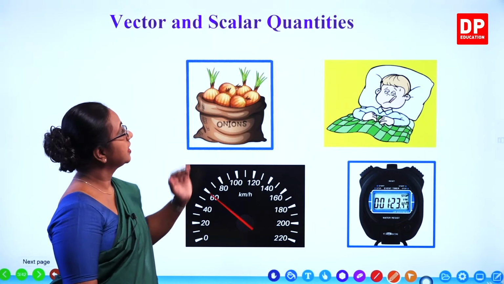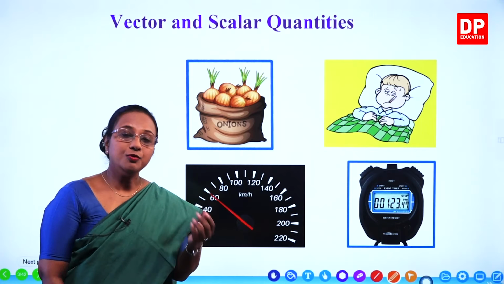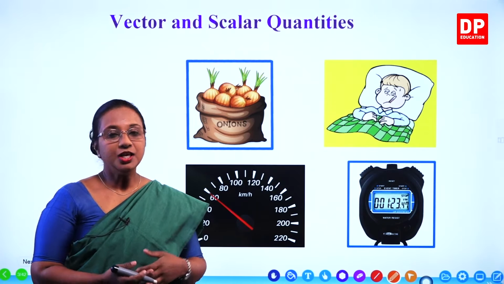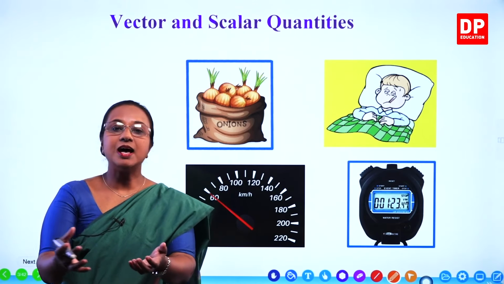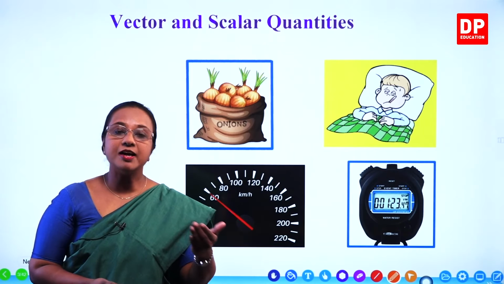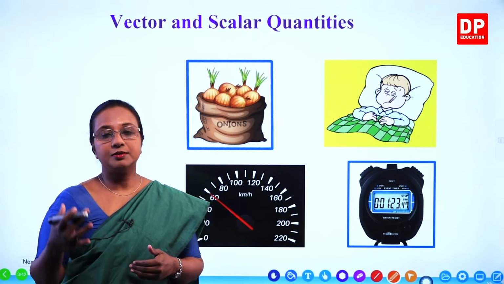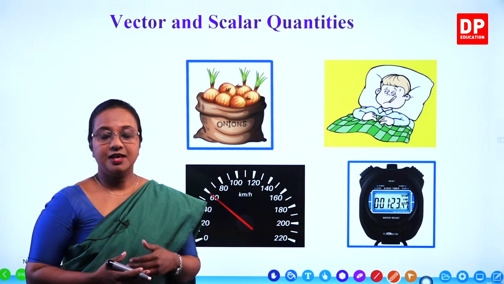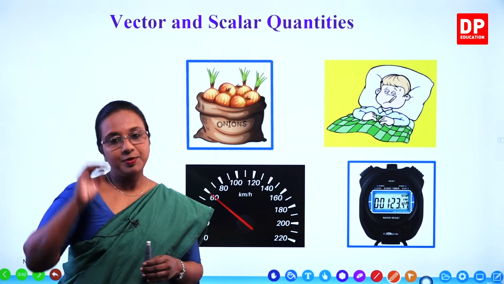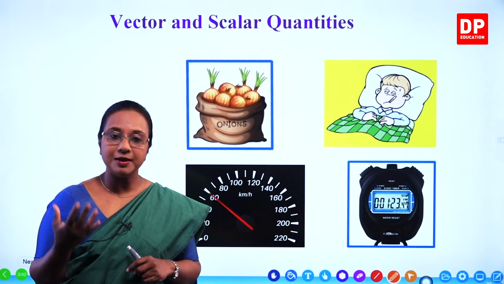Now, from this, if we talk about quantities, you will have experience going to a shop to buy something. You don't ask for, give me some sugar. Instead, you ask, give me 500 grams of sugar or 1 kilogram of rice. The same way, when you fall sick, you just keep your hand on your forehead and feel that you have a temperature.